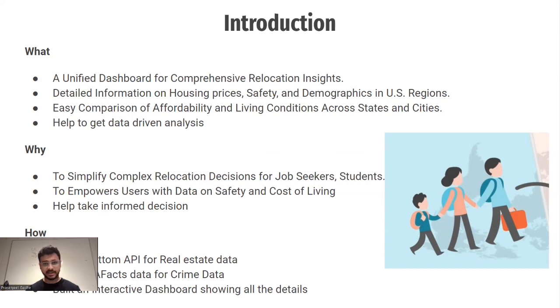What do the records tell us, like how much is the violent crime? How much are the crimes against women over there? How much are the different kinds of crimes over there? So overall, how is my safety going to be in that particular location? And then demographics in that particular region of the United States.